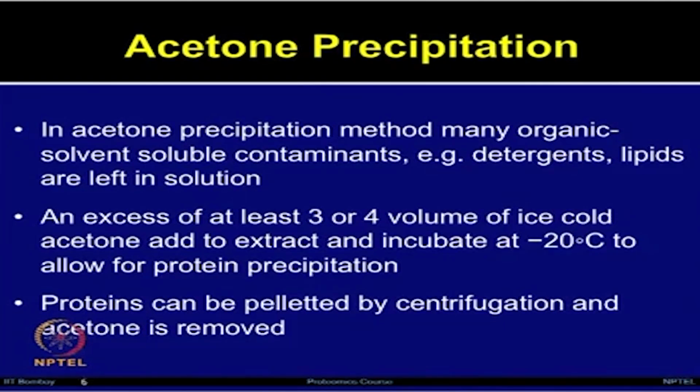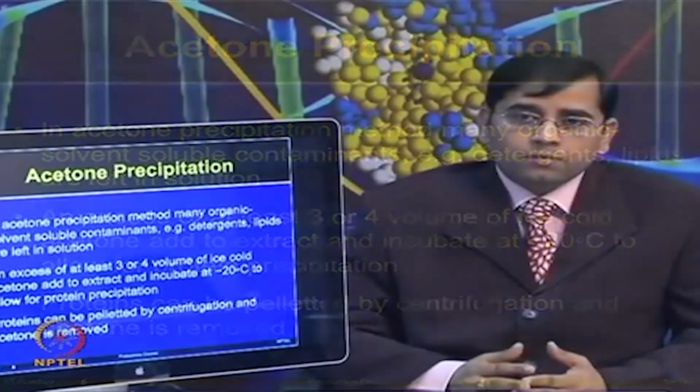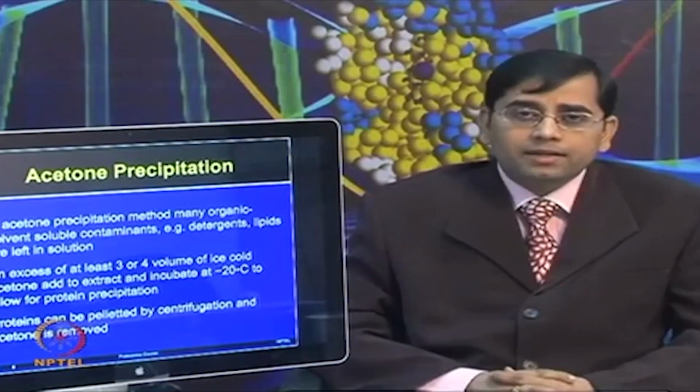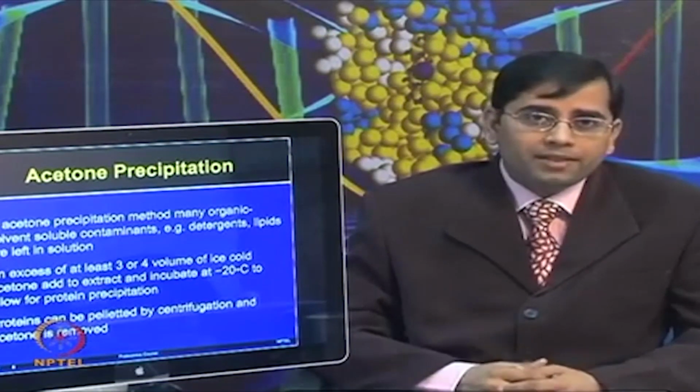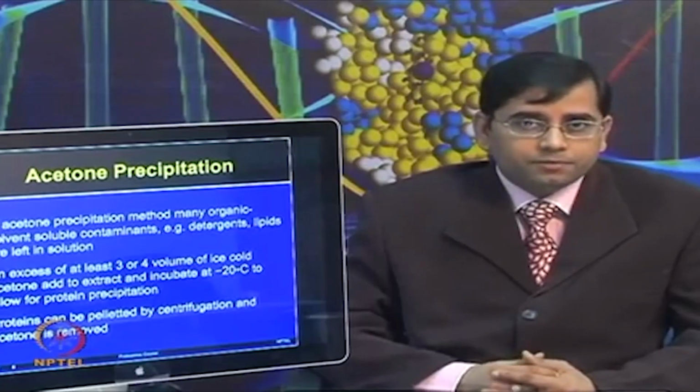By performing this step, the proteins can be pelleted down during the centrifugation step, and then subsequently you can remove the acetone and dry it out. So, acetone precipitation is a very easily performed method and it is very effective.